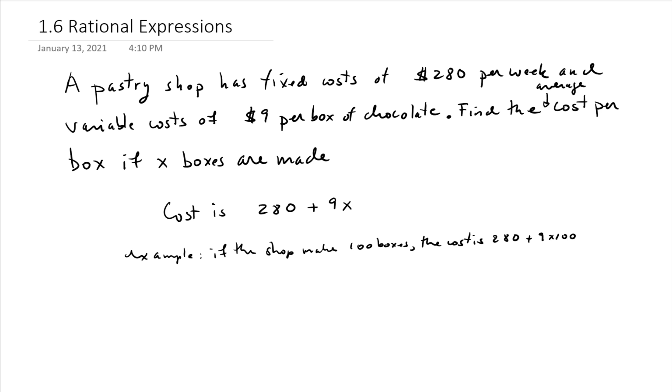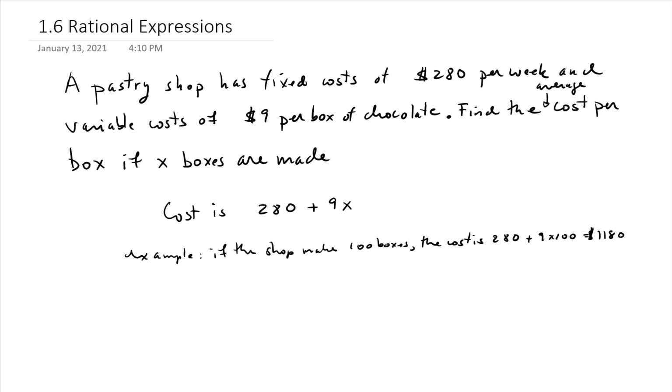So that's 900, right? So 900 plus 280, that's 1,180 dollars for producing those boxes of chocolates. Probably you want to sell them so that you earn more than that after selling those 100 boxes of chocolate, so that you make a profit.